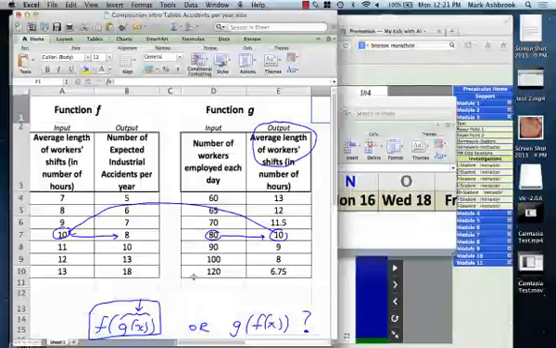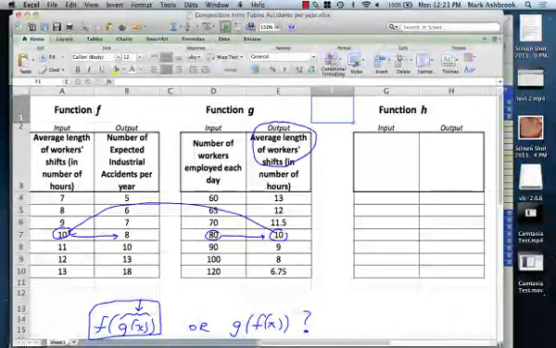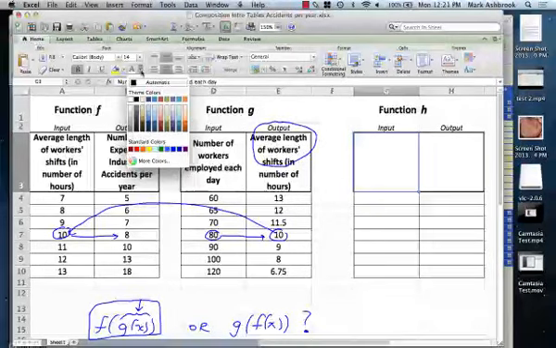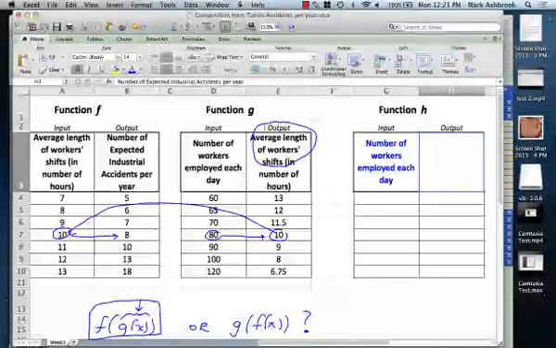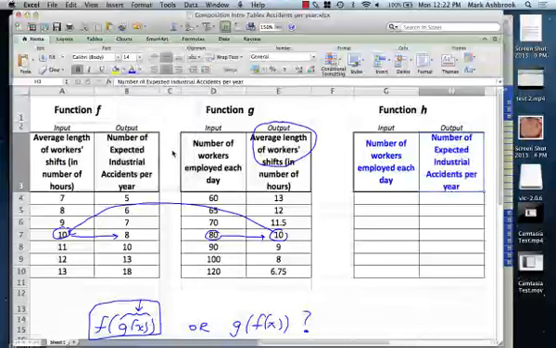Okay? So we could build a table to do that. We said the input would be number of workers employed. And the output? Expected accidents.